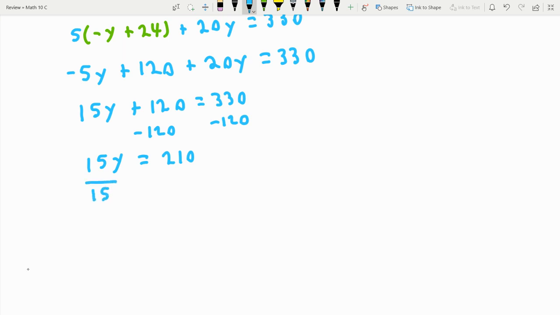So y equals 210 divided by 15, which should be 14. So I have y equals 14.